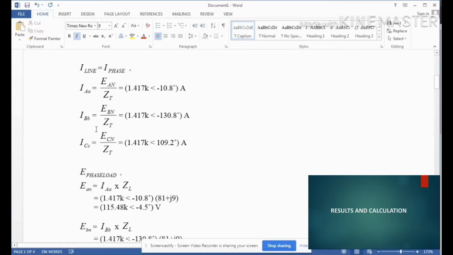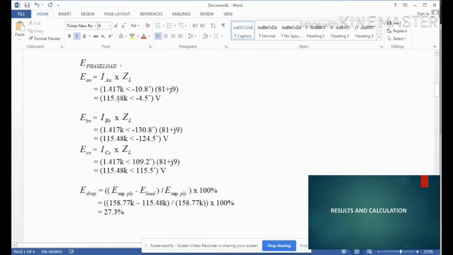For IBB, which is EBN over Z total, the value is 1.417 kiloampere with negative 130.8 degree. And for ICC, which is ECN over Z total, the value is 1.417 kiloampere with 109.2 degree.